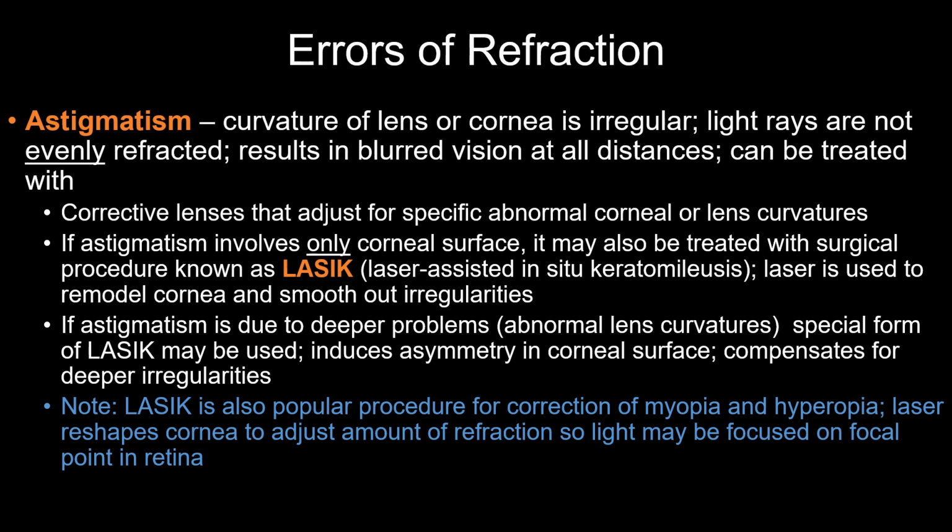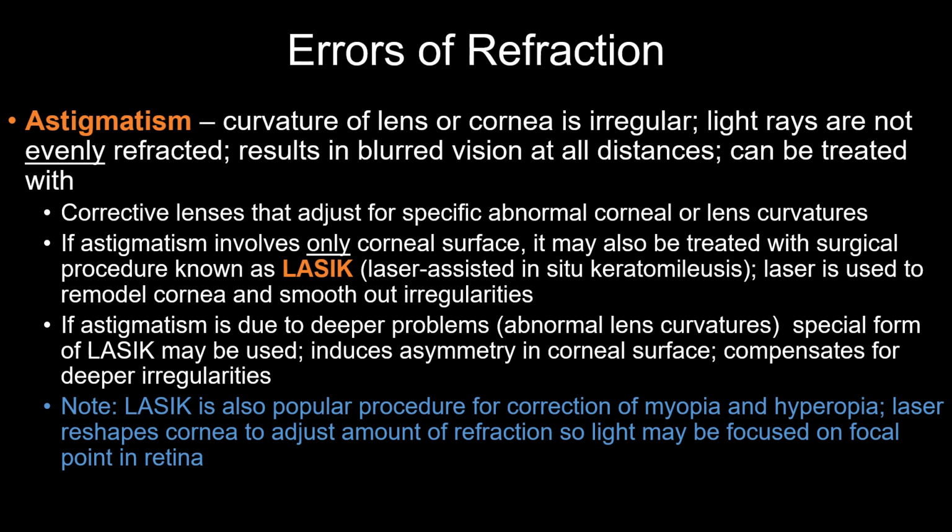If the astigmatism is due to deeper problems, like an abnormal lens curvature, now there's actually a special form of LASIK that is able to actually induce asymmetry in the corneal surface. And so by making the cornea asymmetrical, it can actually compensate for the lens's irregularities.